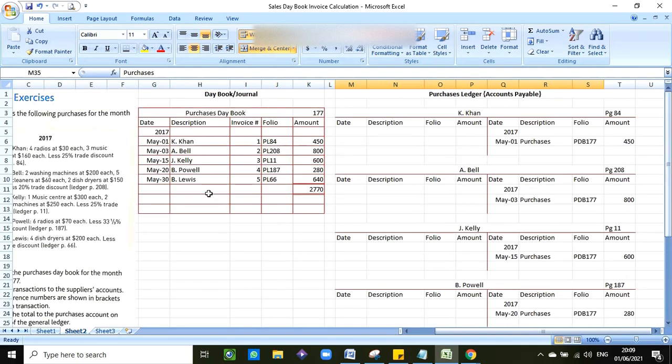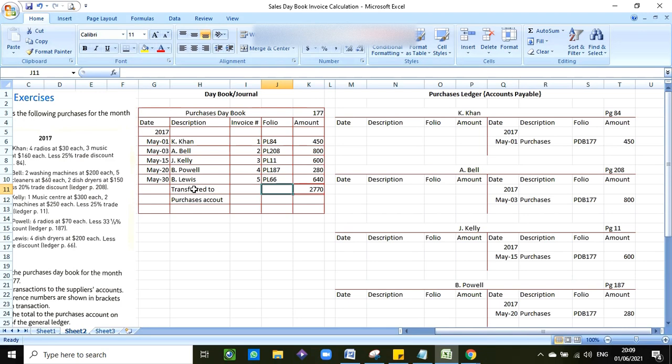But before I transfer it, I need a description here. So here it will be transferred to purchases account. We do not need a date for that. We do not need an invoice. We do need a folio.